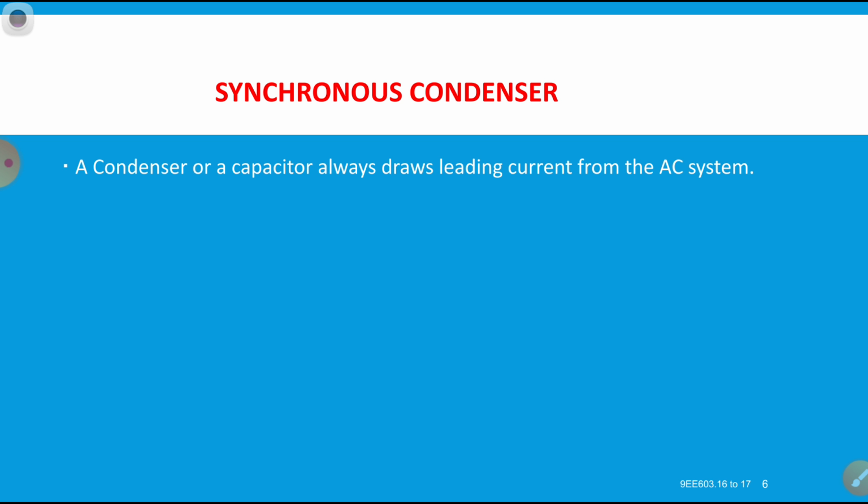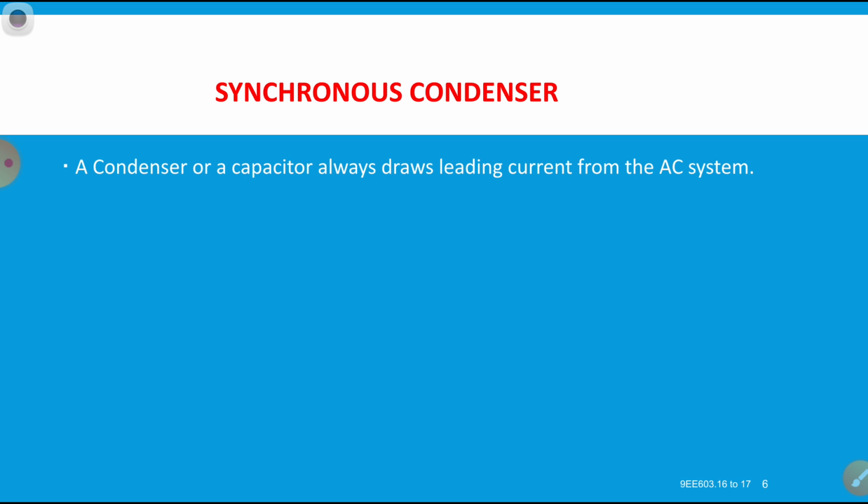The overexcited synchronous motor operating at no load is called a synchronous condenser. There is no load on the motor. We excite the rotor with overexcitation. This situation we can call a synchronous condenser.